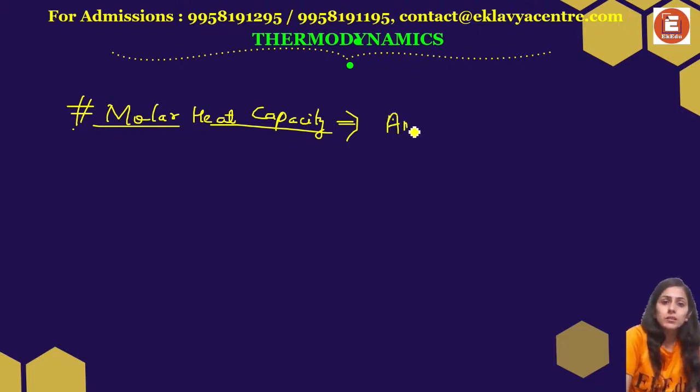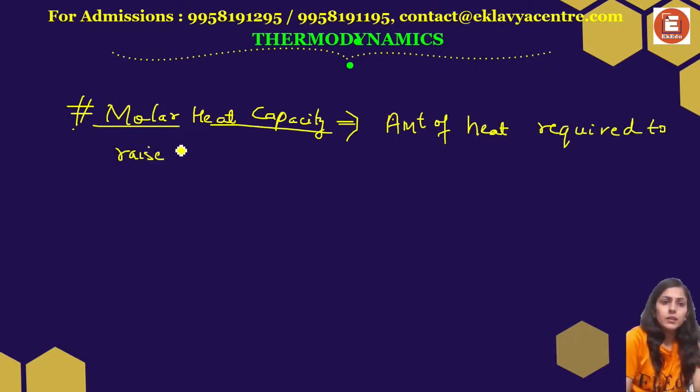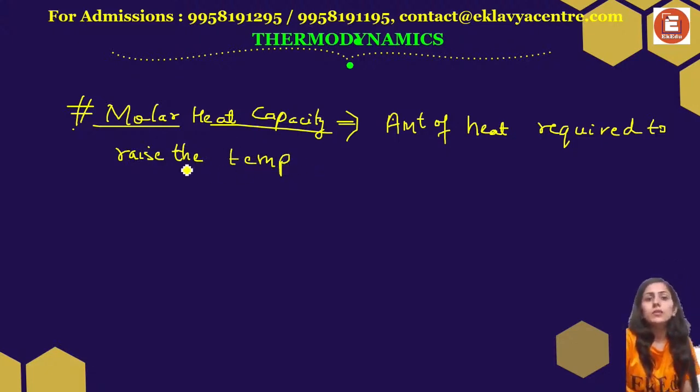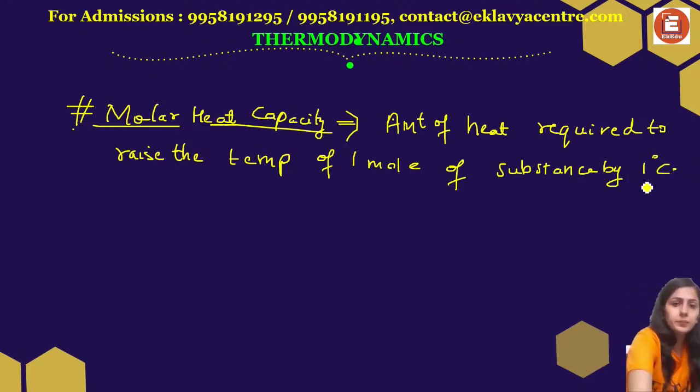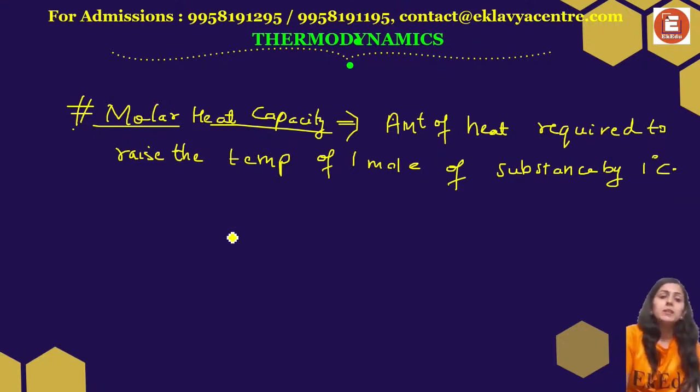Molar heat capacity is the amount of heat required to raise the temperature of 1 mole of substance by 1 degree Celsius. Now the C is capital, and in case of specific heat capacities it's known by small c.